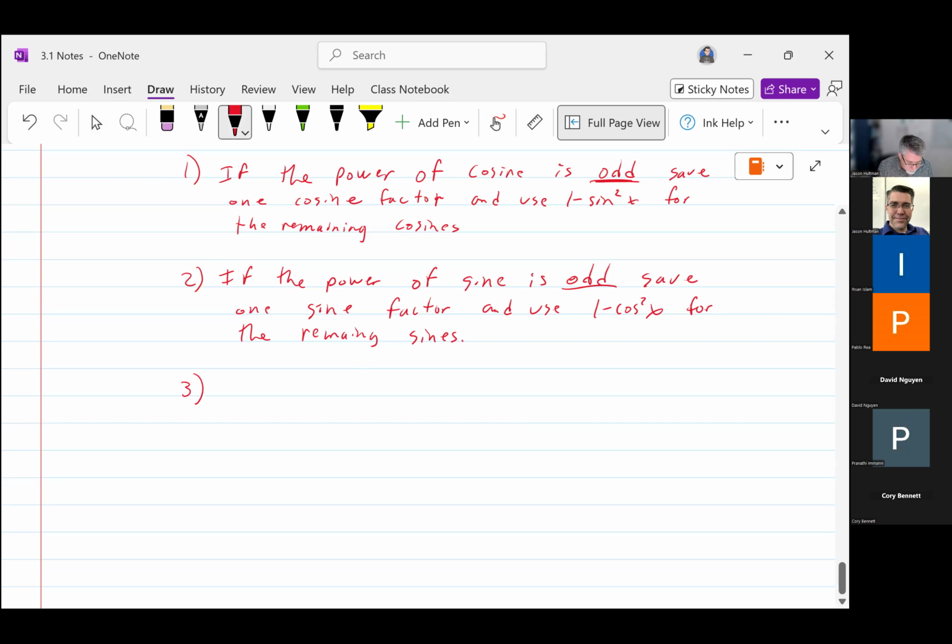Okay, number 3. If the powers of sine and cosine are both odd, then you have a choice of 1 or 2.